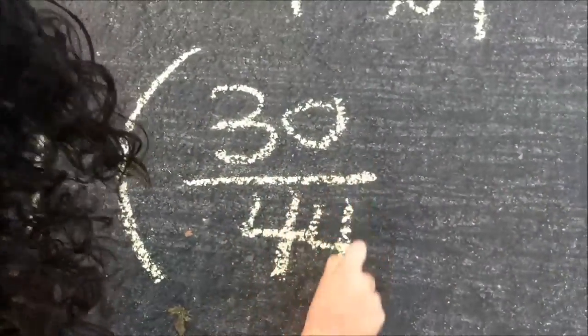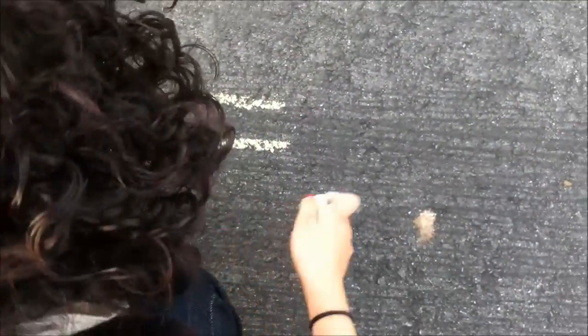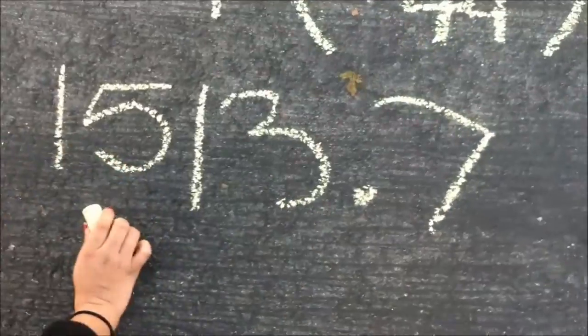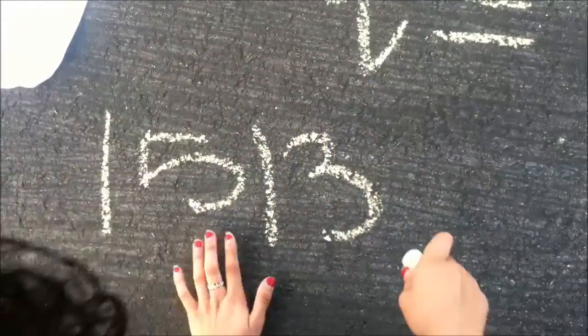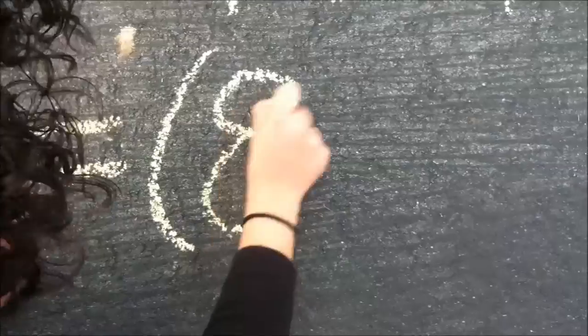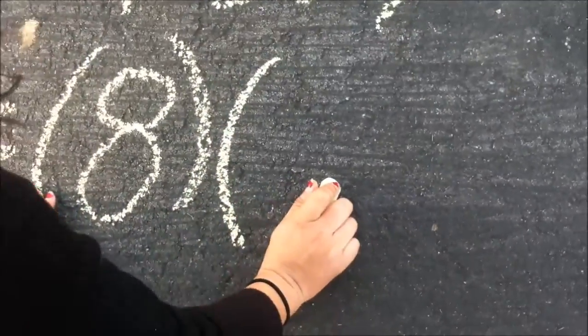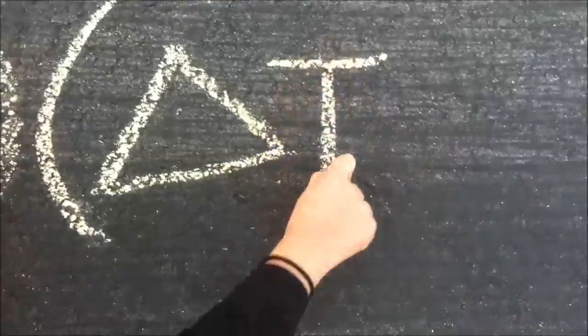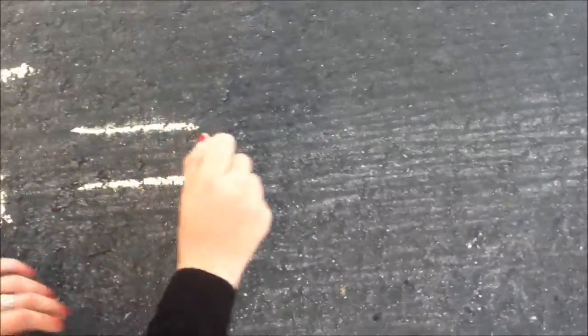Then you plug that into Q equals mc delta T. 1513.7 equals 8 times 4.184 times delta T. Typing it into the calculator, we get that delta T is 45.2.